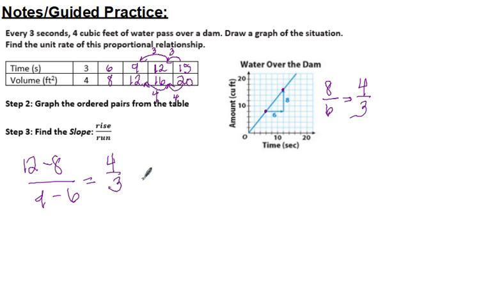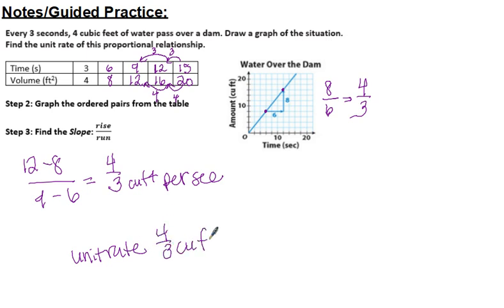Okay? Now, if you remember from the very beginning, it said that slope is a unit rate. Unit rate is the slope. So this is 4/3 cubic feet per second. So even though our slope is 4/3, we can say that the unit rate is 4/3 cubic feet per, and then we would say 1 second.